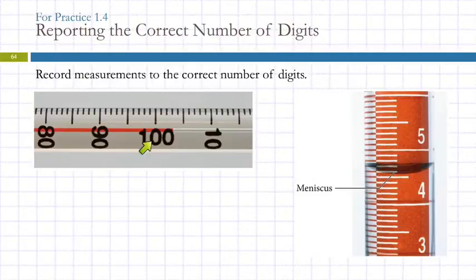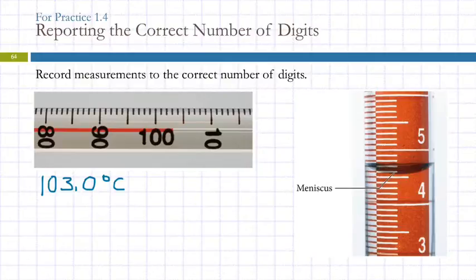So I look at this and I say, well, that looks like it's right on. That would be 103. I'm thinking that's exactly on the 103. But I need to write something in the 10th place. If I think it's right on the line, I'm going to write 0.0. And then the unit, degrees Celsius.